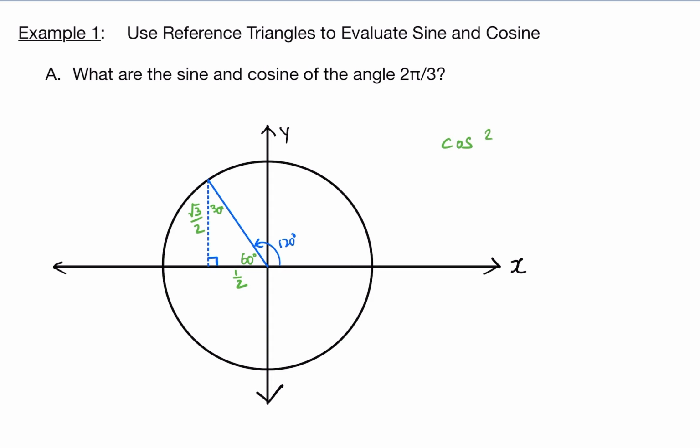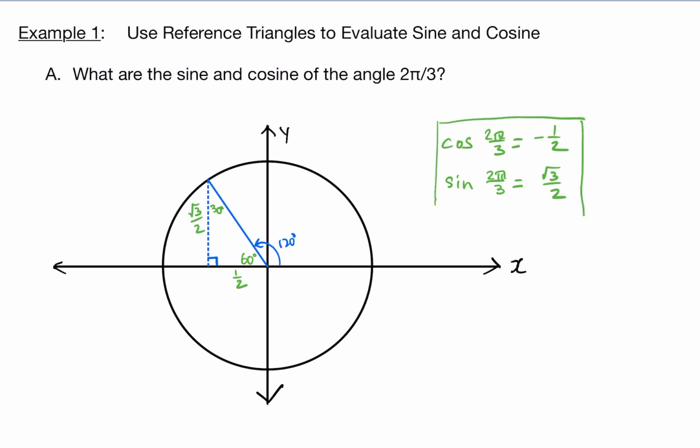Cosine of 2 pi over 3 works out to be -1/2, because we are in the second quadrant, and then the sine of 2 pi over 3 is square root of 3 over 2.